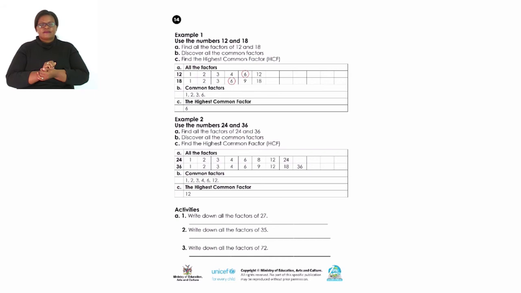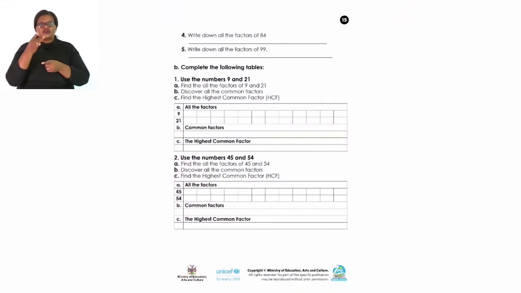Number 3, write down all the factors of 72. Number 4, write down all the factors of 84. Number 5, you have to write down all the factors of 99. B, complete the tables.